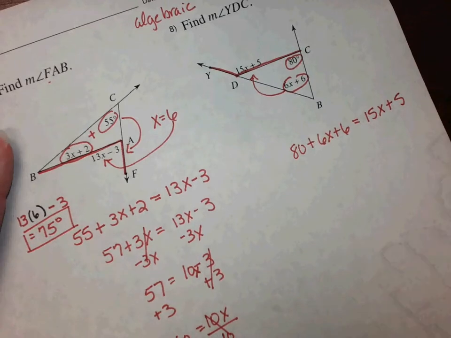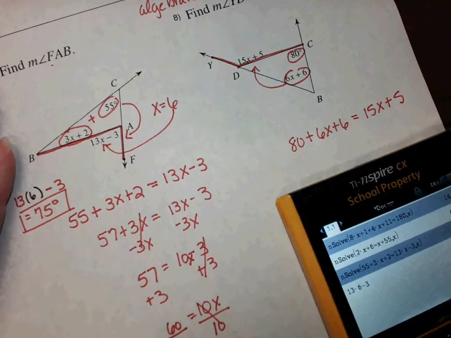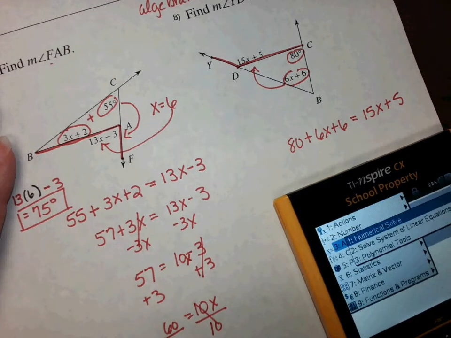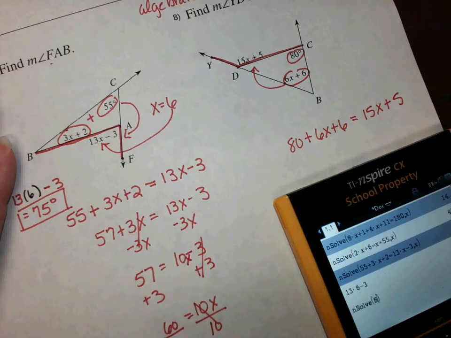Alright, if I InSolve that, menu 3-1, 80 plus 6x plus 6 equals 15x plus 5, and I have to do comma x. It tells me that x equals 9.